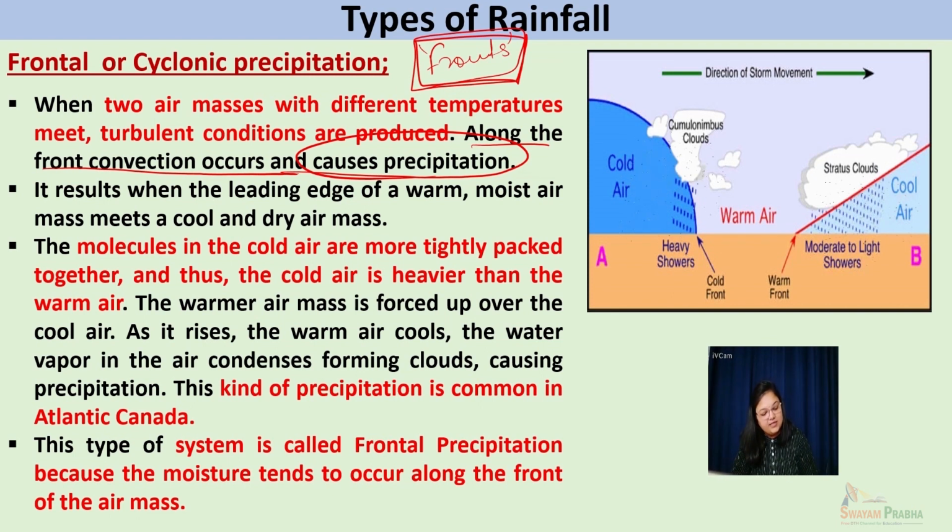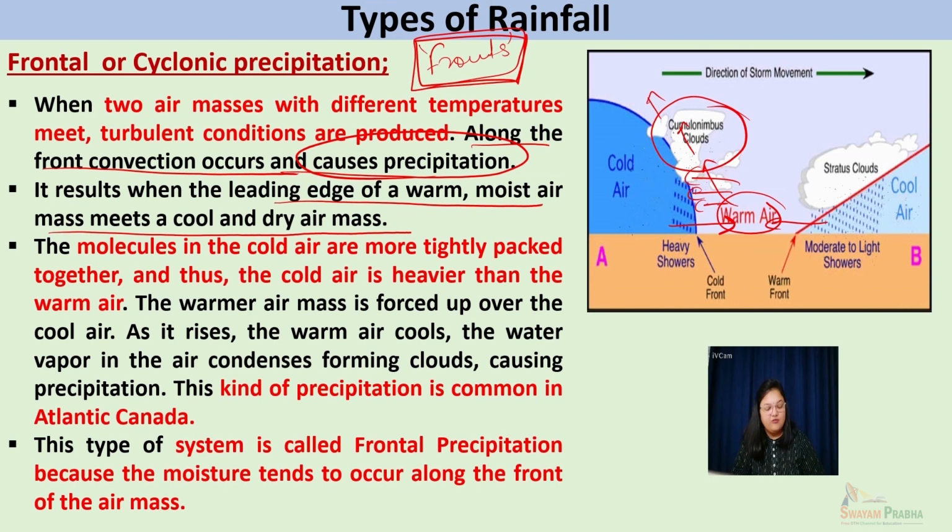So it results when the leading edge of a warm moist air mass meets a cool and dry air mass. As they proceed to meet, what happens? The warm air mass is not able to mingle with the cold air mass properly, and it is tossed up by the cold air mass, leading to the formation of cumulonimbus clouds, and heavy precipitation takes place in those areas.